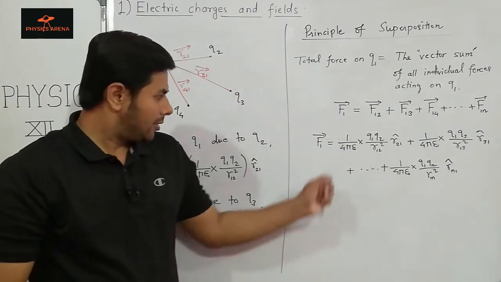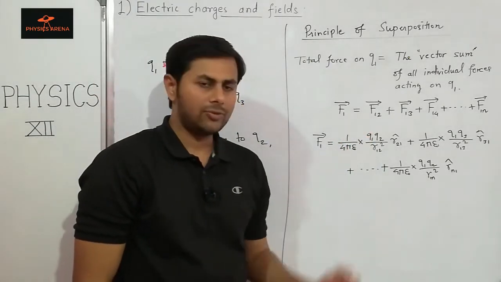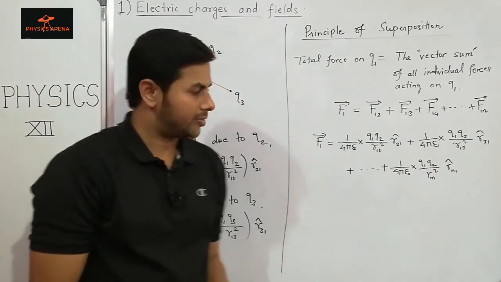Now let's take this 1 over 4 pi epsilon naught times Q1 common from all the terms.